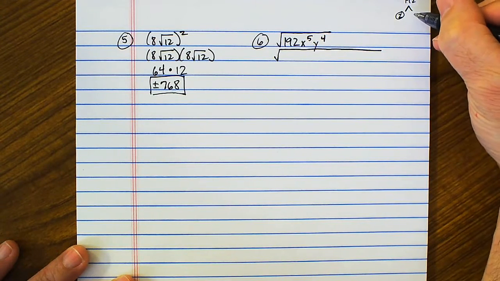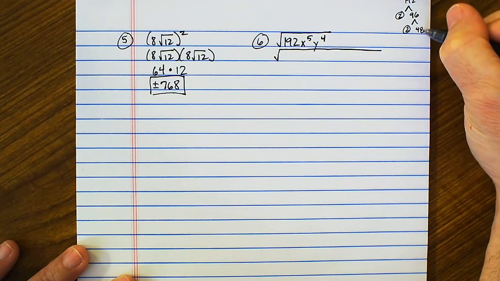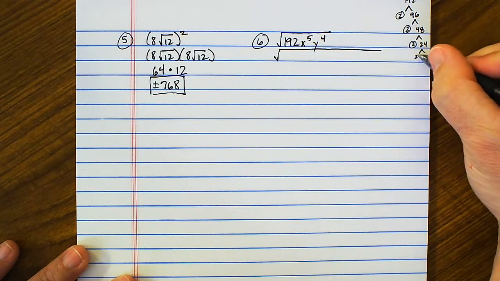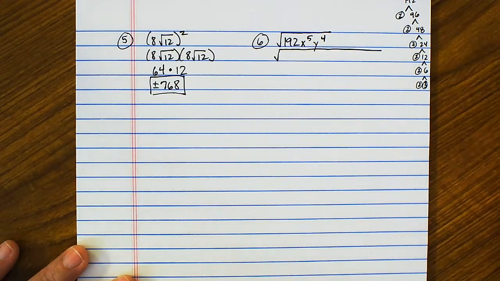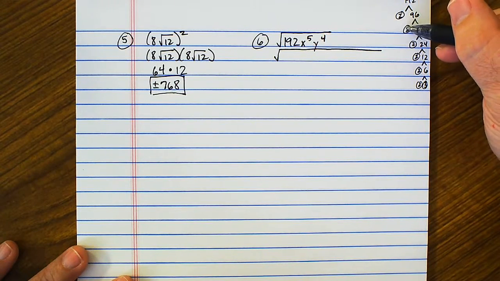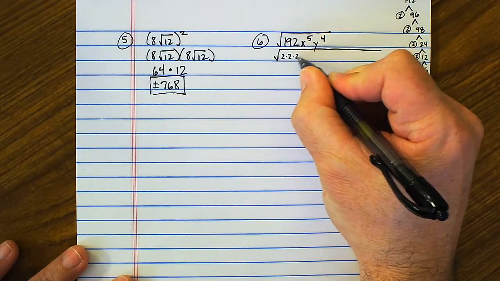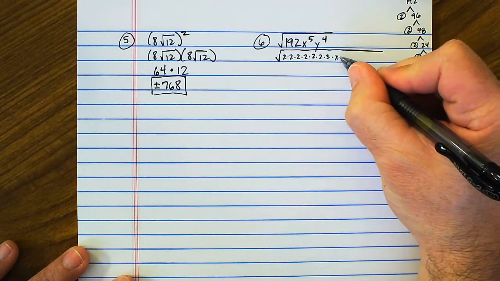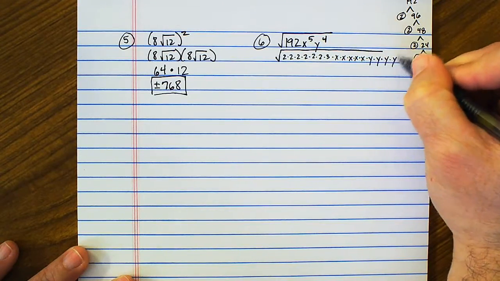That's 2 times 96, which is 2 times 48, which is 2 times 24, which is 2 times 12, which is 2 times 6, which is 2 times 3. 3, 6, 12, 24, 48, 96. Yes, that's correct. So we got 1, 2, 3, 4, 5, 6 2's. We got a 3. We got 5 x's. We got 4 y's.